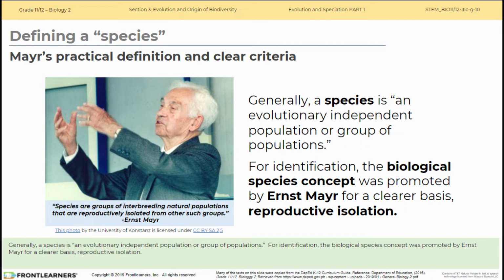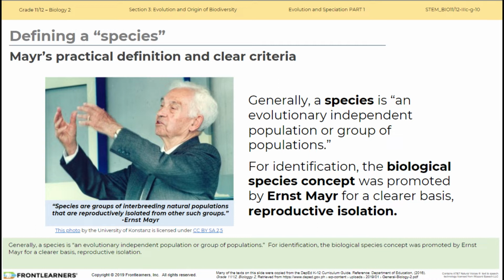According to Mayr's practical definition and clear criteria, generally, a species is an evolutionarily independent population or group of populations. For identification, the biological species concept was promoted by Ernst Mayr for a clear basis: reproductive isolation. Ernst Mayr, for your information, was one of the 20th century's leading evolutionary biologists.